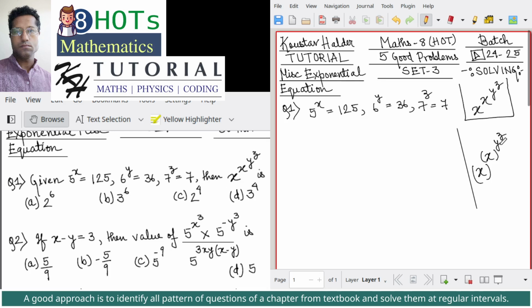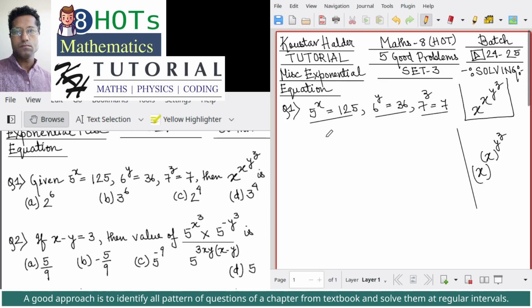So z is the power of y, and y to the power z is the power of x, that is the second x, and for this entire exponential term, the base is x and its power is x to the power y to the power z.